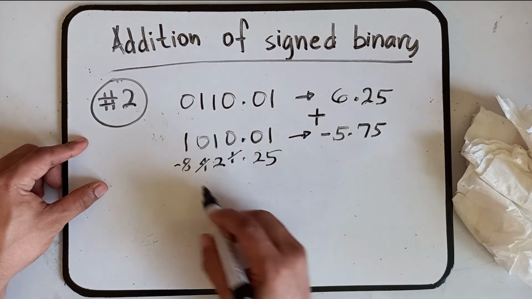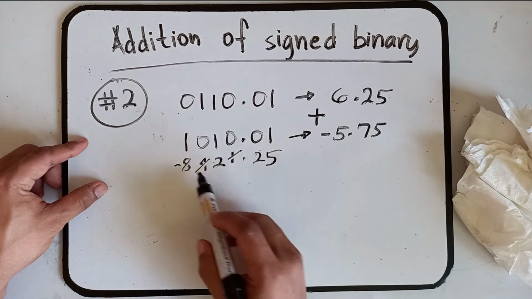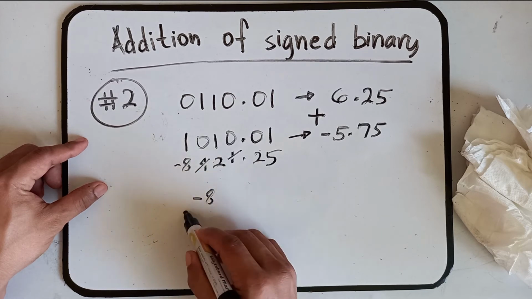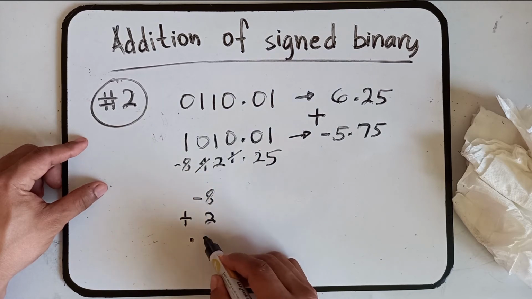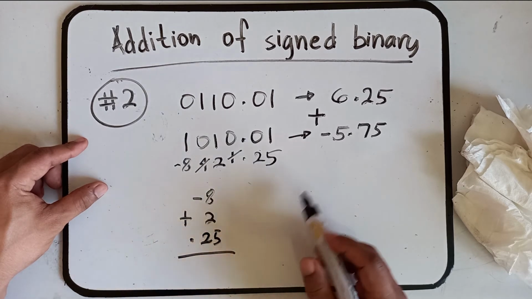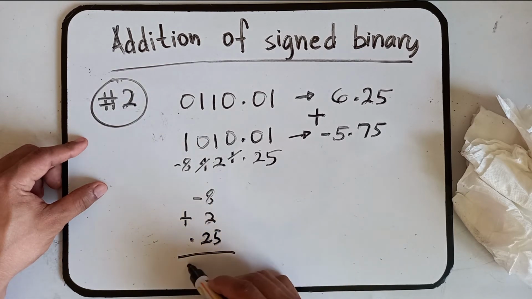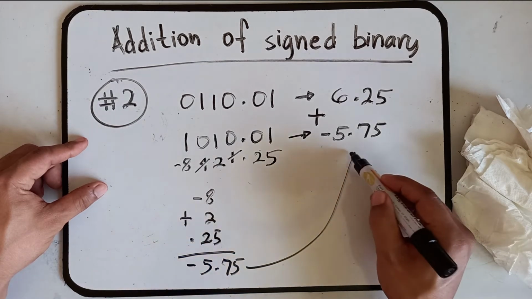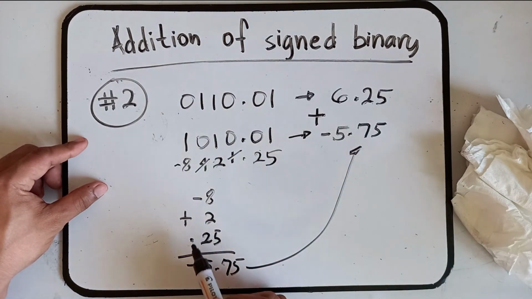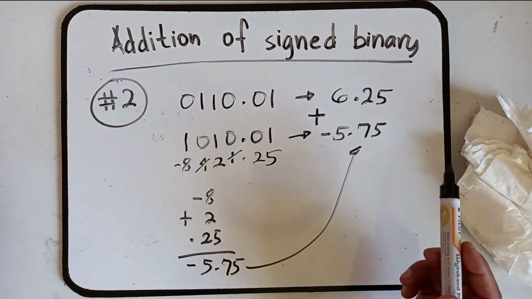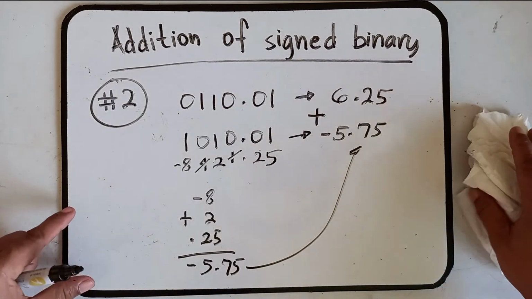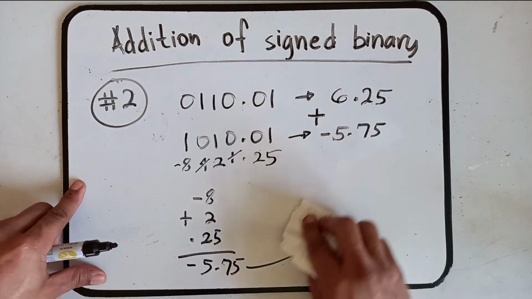And then we have to add those numbers with 1, and that is negative 8 plus 2 plus 0.25. And that gives us an answer of negative 5.75, which is this one. Okay, so that's how we were able to get negative 5.75. All right, so let's continue.